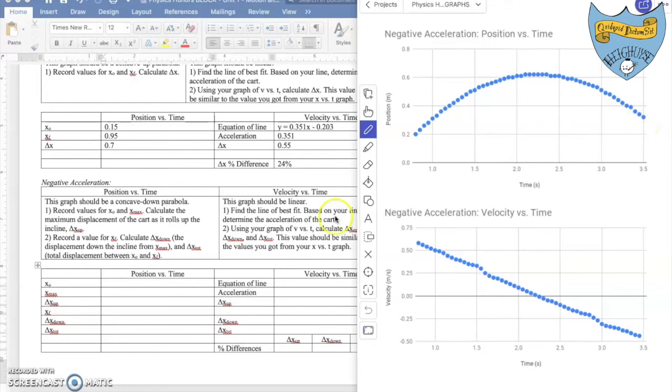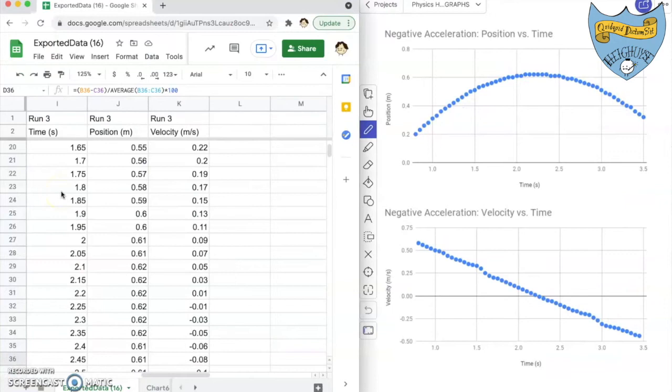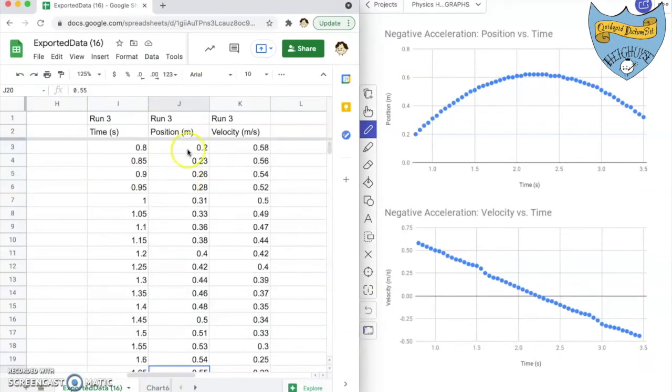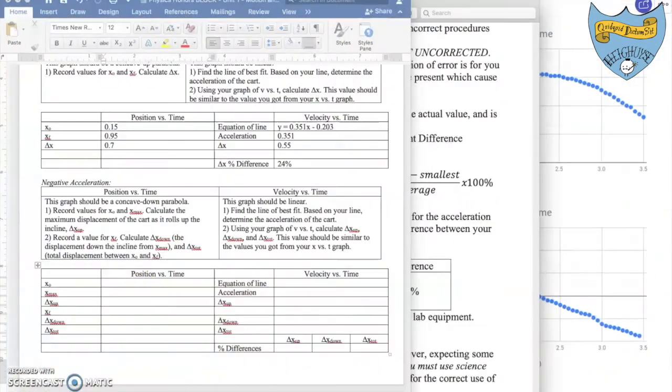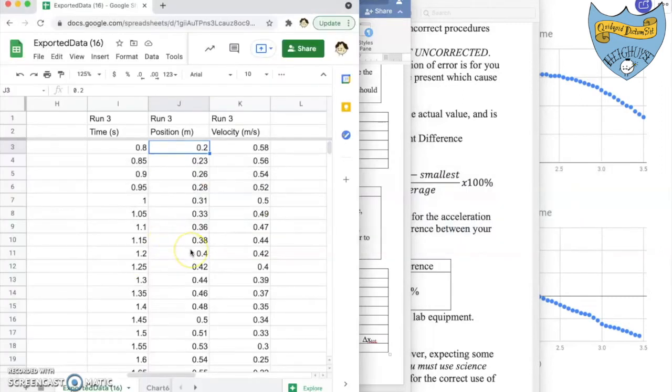All right, just like with other things, I can look at my data table to determine what each of those are. So it looks like my initial position is 0.2. Okay, so I can write down 0.2 for X naught. Then, here we go, I can look through here until I find the largest number for the position.